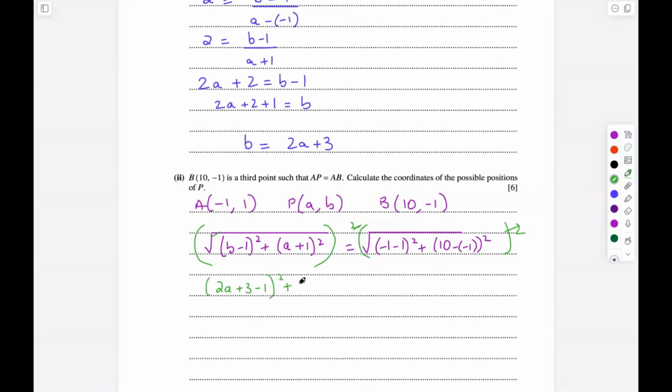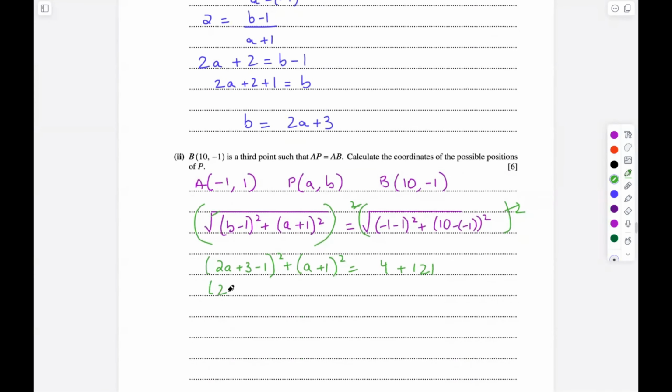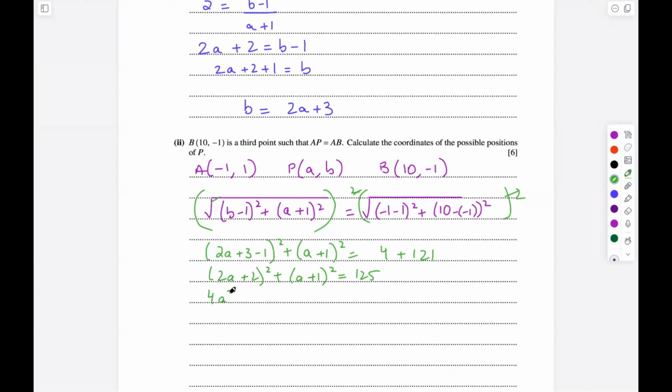Before expanding, we can simplify the expression. This will become minus 1 whole squared is 4, and 2 squared will become 4, and 11 squared will be equal to 121. So this will become 2a plus 2 whole squared plus a plus 1 whole squared is equal to 125. That will become 4a squared plus 8a plus 4.